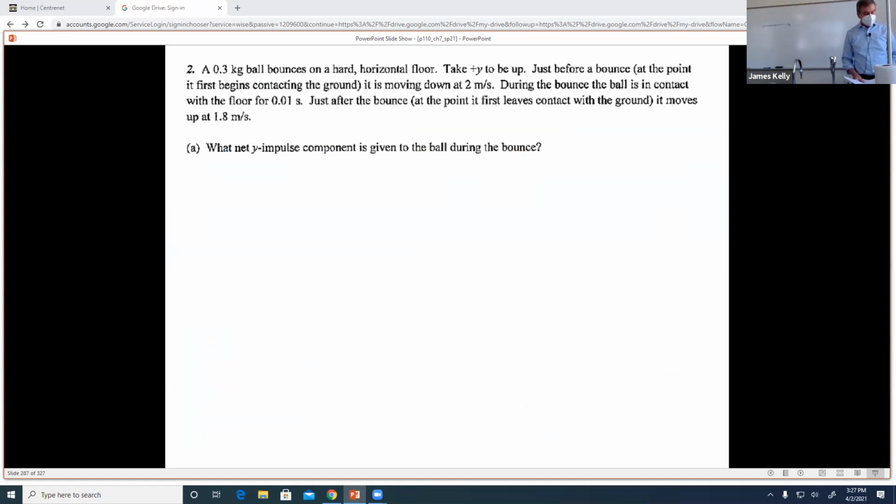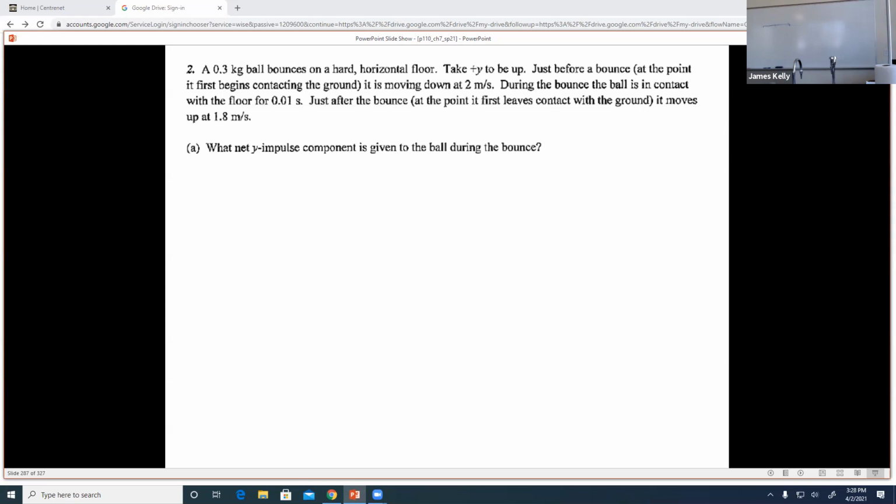For you Zoom folks, if you don't have it in front of you, it's probably on Friday's date one week ago on the website. Anybody need a copy? I have a few extras here. And we've done problem 1 on here, but we're going to do problem 2, which is just forcing you to think about impulses and average forces, that kind of stuff.